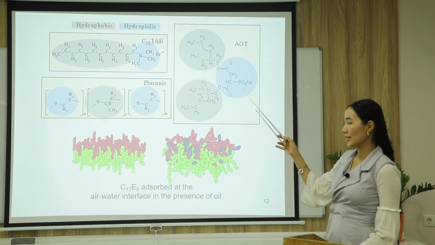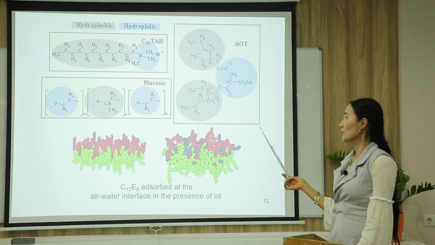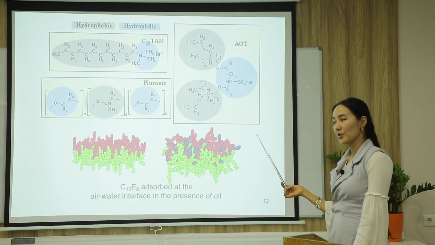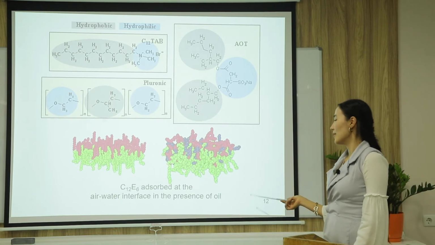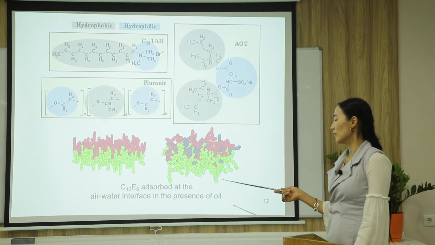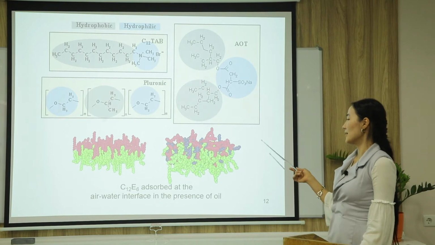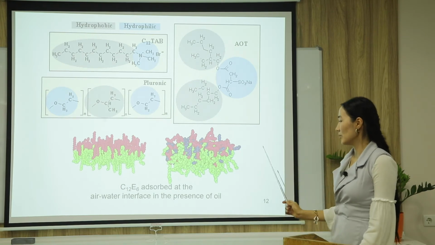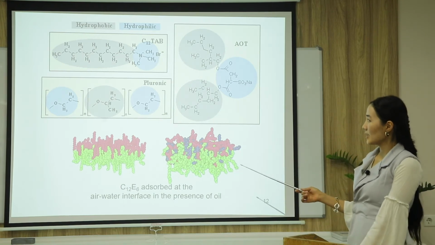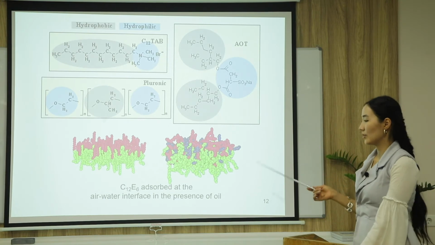And hydrophilic, this one is where the substance or the mixture loves the water. That's why it's called hydrophilic. For example, here C12E6 adsorbed at the air-water interface in the presence of oil. So here you can see that this substance is hydrophilic. Okay, please.